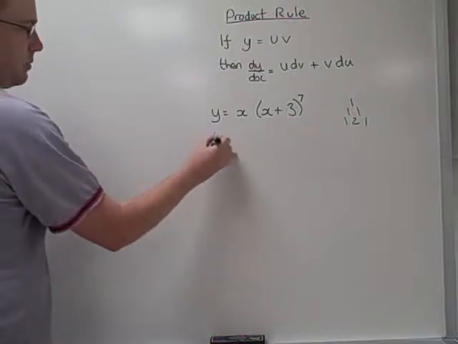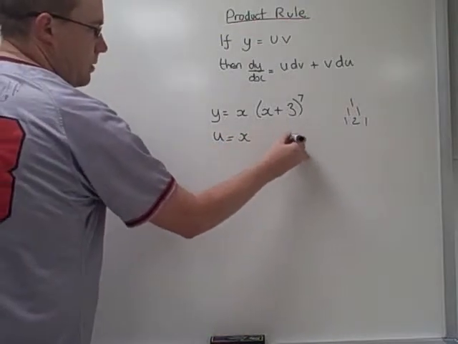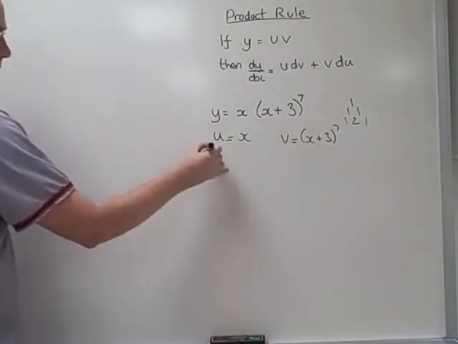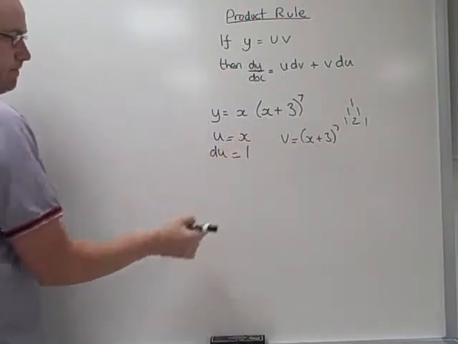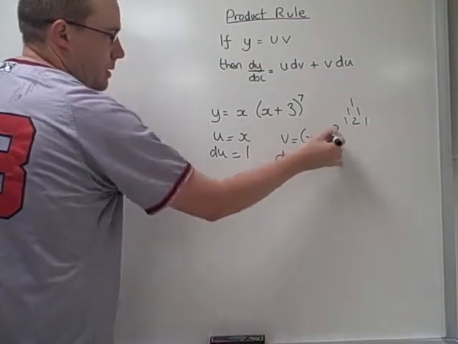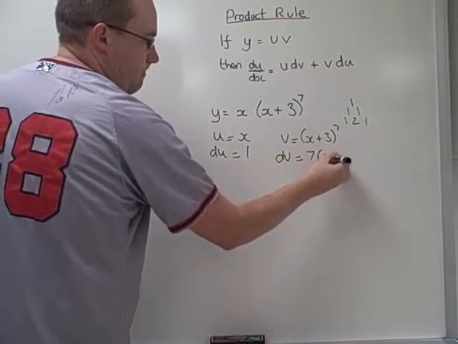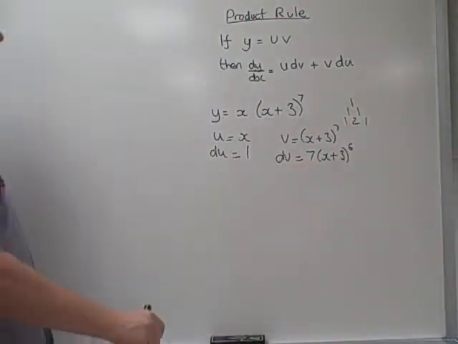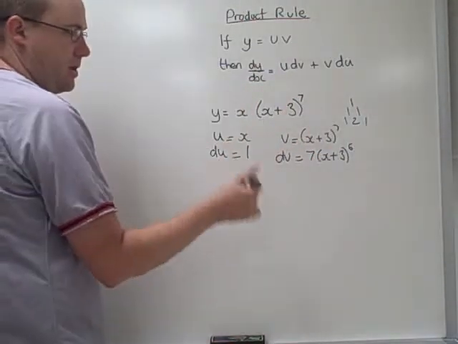So we're going to do the same setup. We're going to call the first term u, and we're going to call the second term v. We then differentiate each term. So for this one, we bring the power to the front, decrease the power by 1, and also using the chain rule, we have to times by the derivative of what's inside the parentheses.